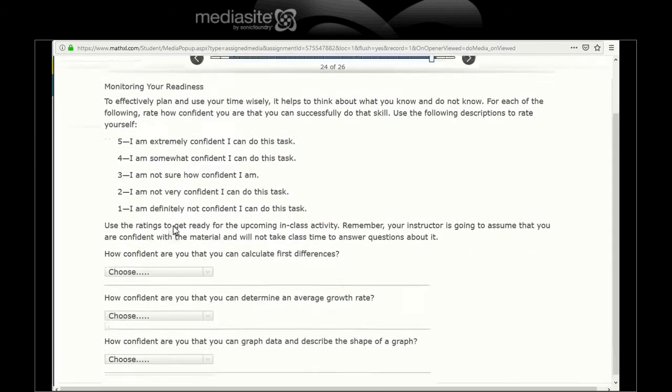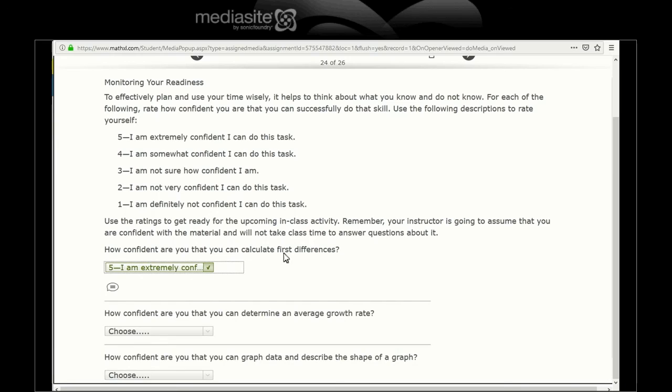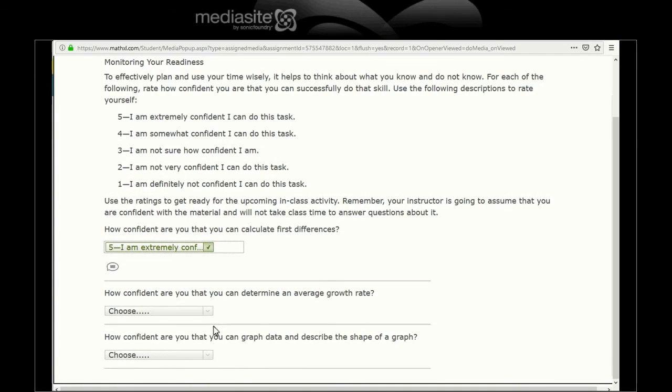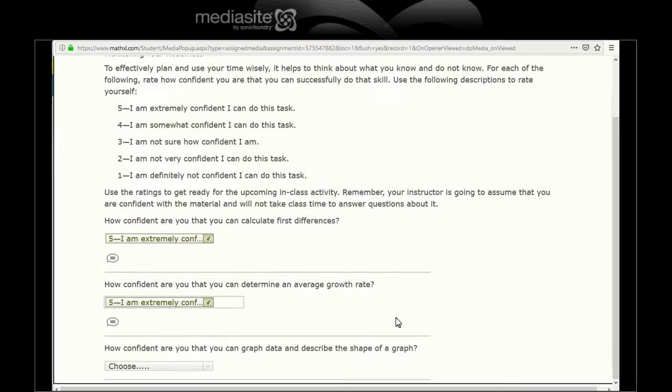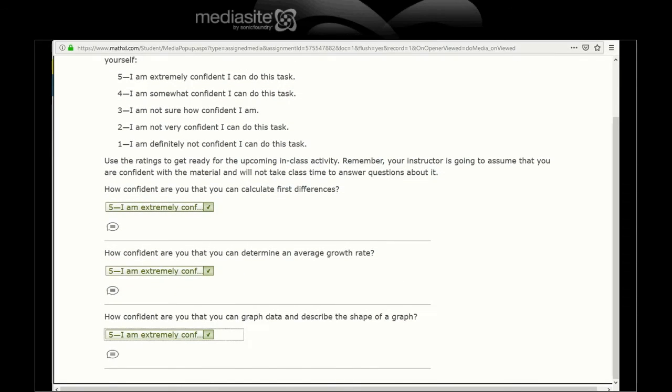Okay, so let's see. How confident that you can calculate the first difference? Real confidence. Basically, who I am minus who I was. Average growth rate is basically my first difference divided by the population of where I was. And graphing, that comes with practice.